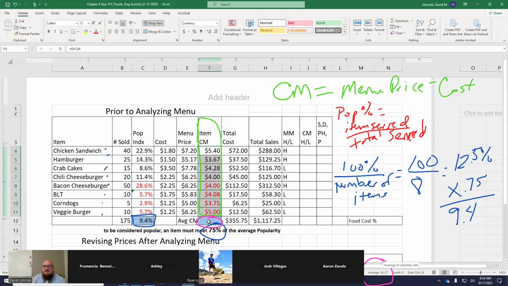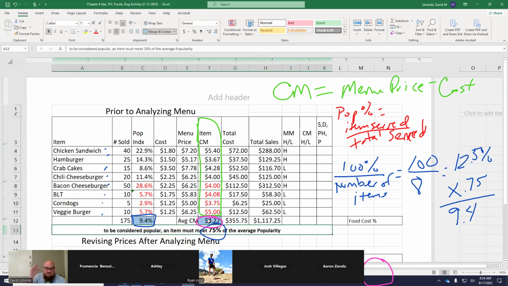So $4.27. So if you want to do the math on your calculator and then use that to check your work, that way you make sure that you're still following along. Does that make sense? Okay. So now $4.27 is what we put in here for our average contribution margin.